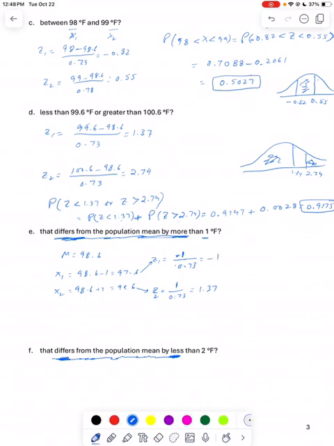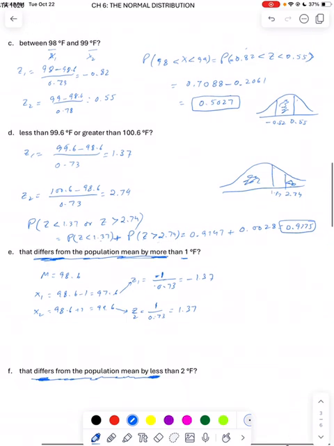Okay, so now, remember, we are looking at area here because we want the difference to be more than 1.